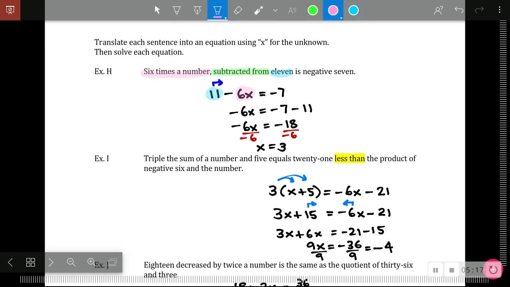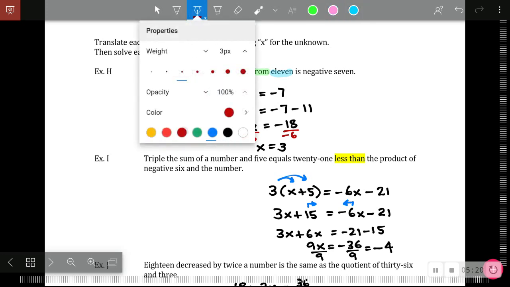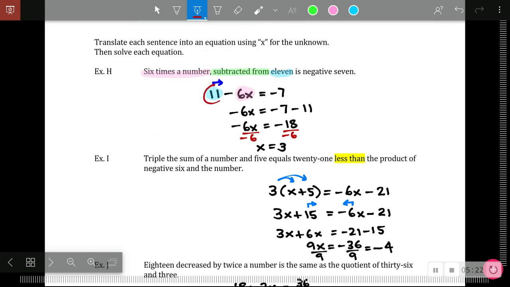This 11 becomes a negative 11 on the other side. So anytime you take an addition to one side, you make it a subtraction and vice versa. But what's really happening on that step is that I'm subtracting 11 from both sides. And that puts my variables on the left and my other constants on the right. Okay, the next thing that we're going to do here is simplify and divide by -6 to finish the problem.